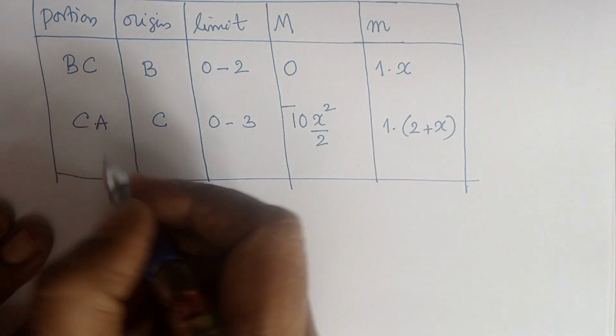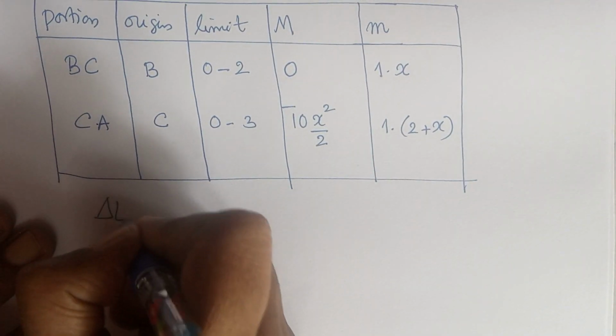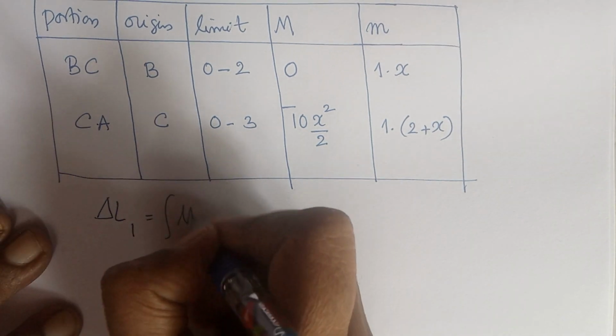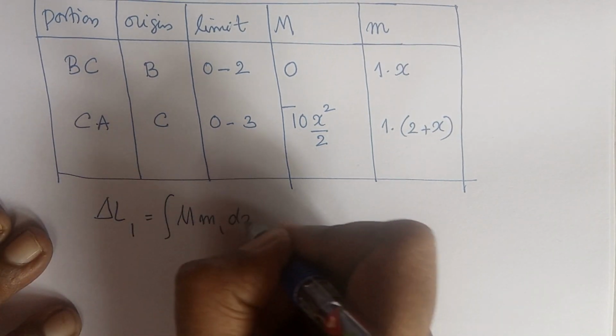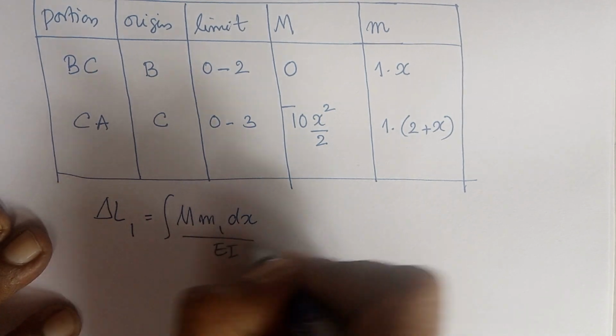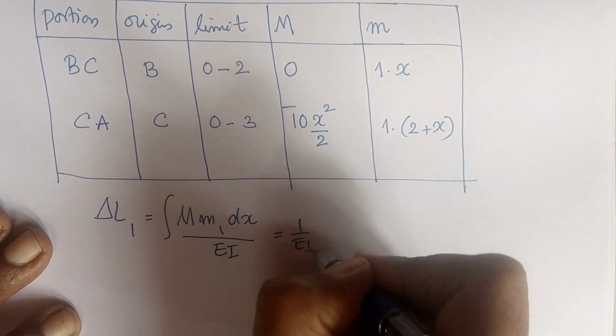Now, just integration. Delta L1 = integral M m1 dx by EI. So take 1 by EI outside.